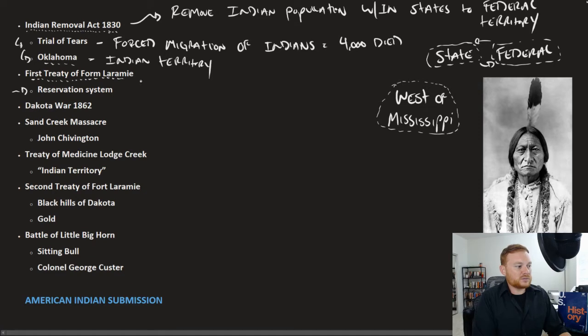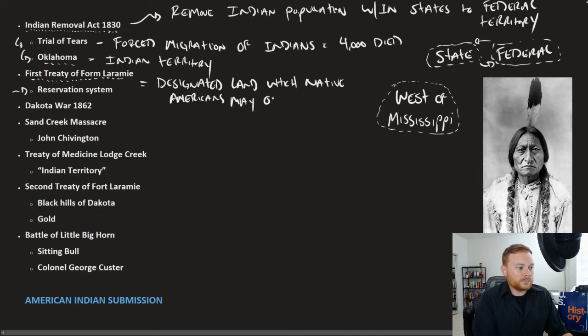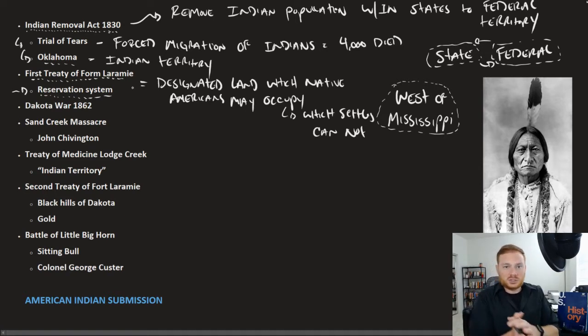So more or less what the reservation system says is that there's designated land which Native Americans may occupy. And here's the important part, which settlers cannot, right? So this treaty system or this reservation system is essentially an agreement that there are certain lands in which certain tribes can occupy and that white settlers will stay out.